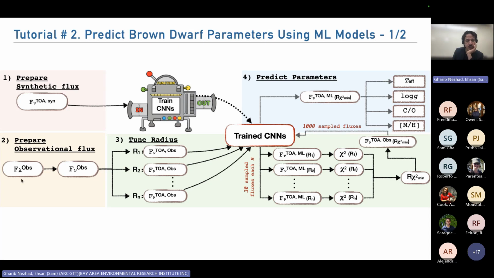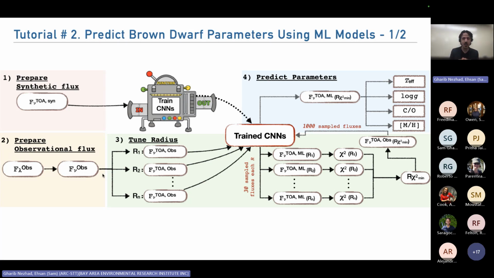If your flux is in the lambda regime, in wavelength, you should change it to nu f sub nu. And then another step is tuning the radius, because the radius is a part of fitting the observational spectra.